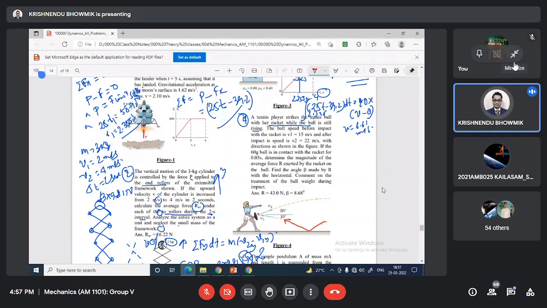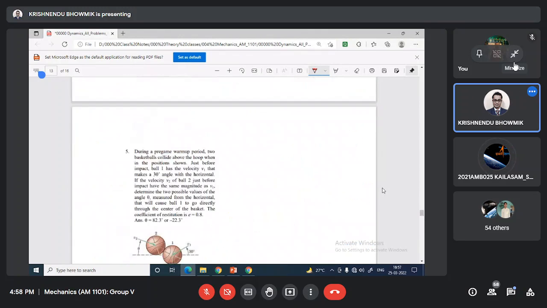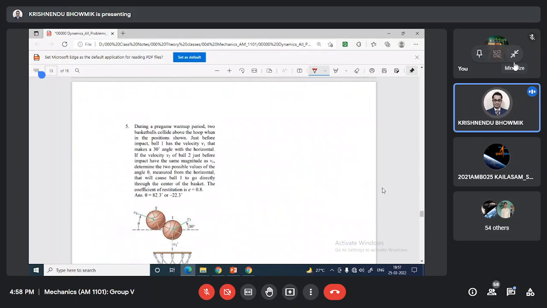The ball speed before impact with the racket is 15 meter per second, and after that the speed is this. It is given 10 degree and 20 degree. Okay. If I draw this, I need some space. Let it be here. Let it have horizontal direction. Okay. And this is positive x.